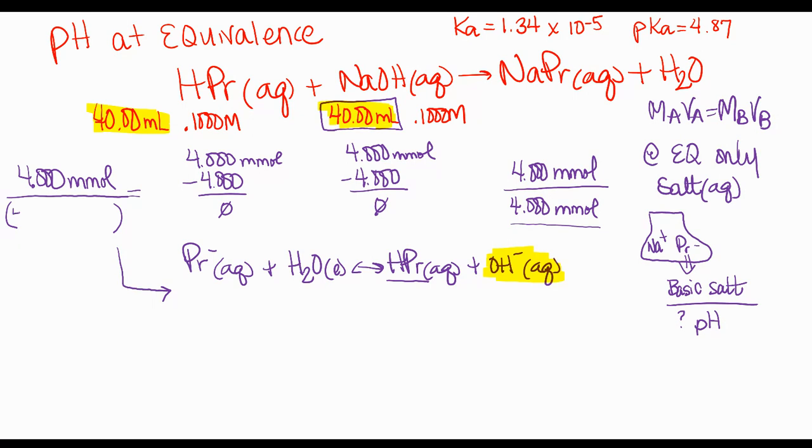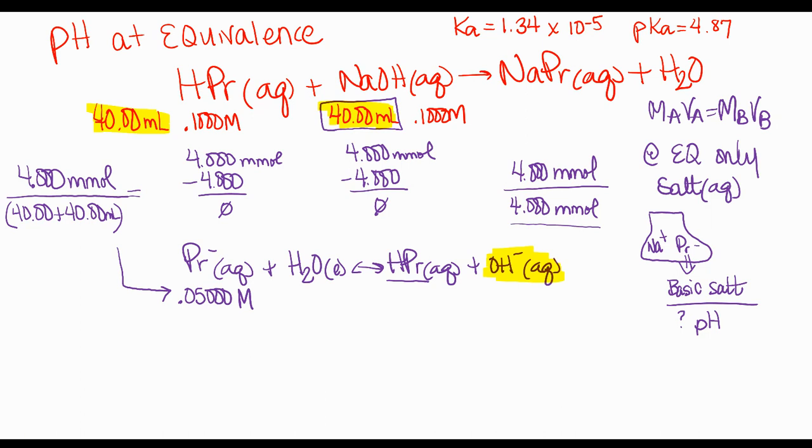That we have a total of 80 milliliters. So 4 divided by 80 is 0.05 molar. Now this has a lot of sig figs, so it's going to have like that. And then once we get here, if you can get here, you can finish this problem.